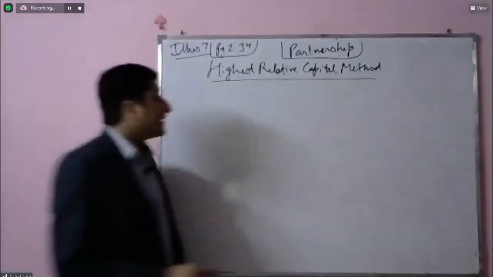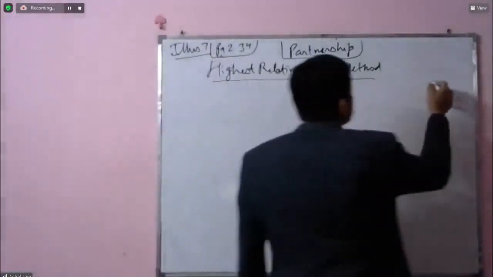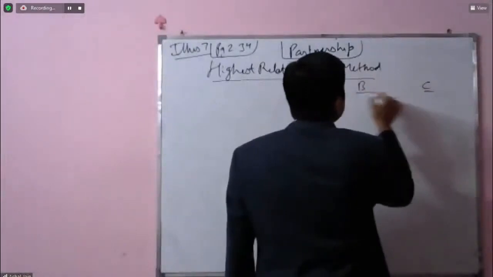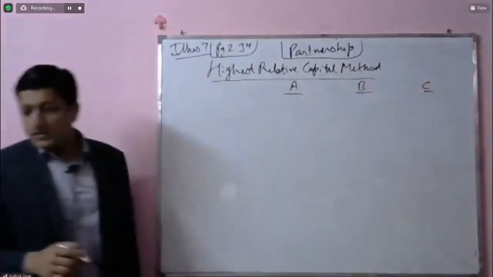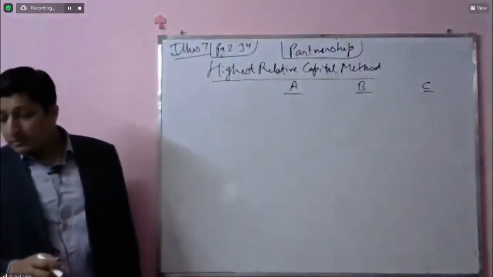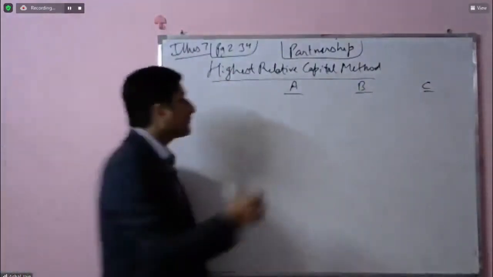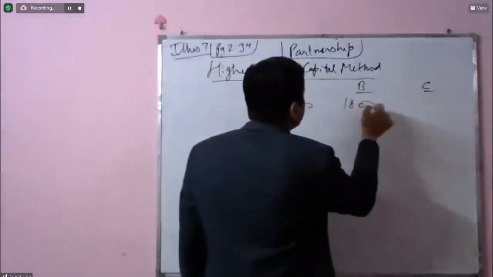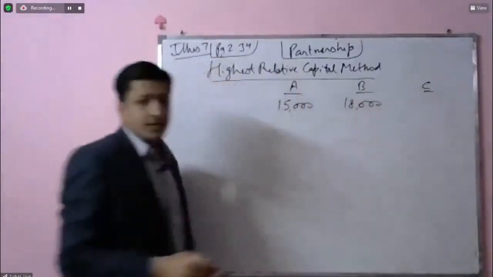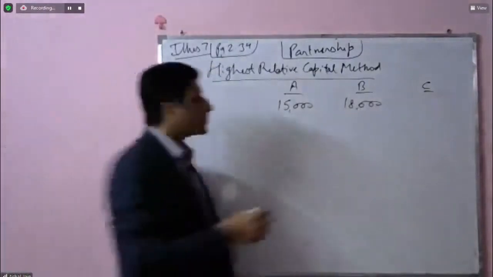So we understand that there were 3 partners, C, B, A, and these partners had a capital of 15,000, 18,000, and then the third one had 9,000.